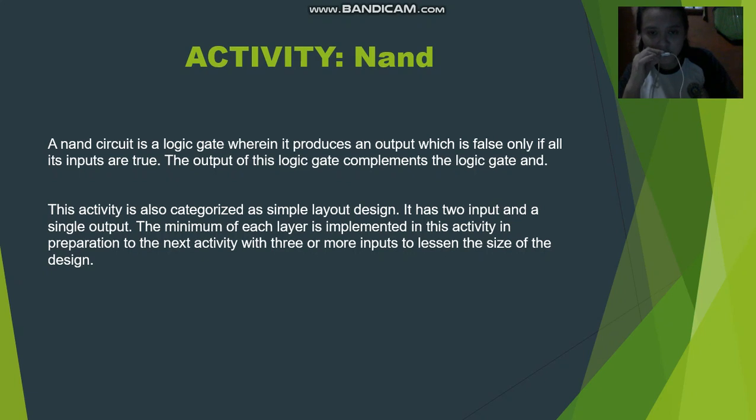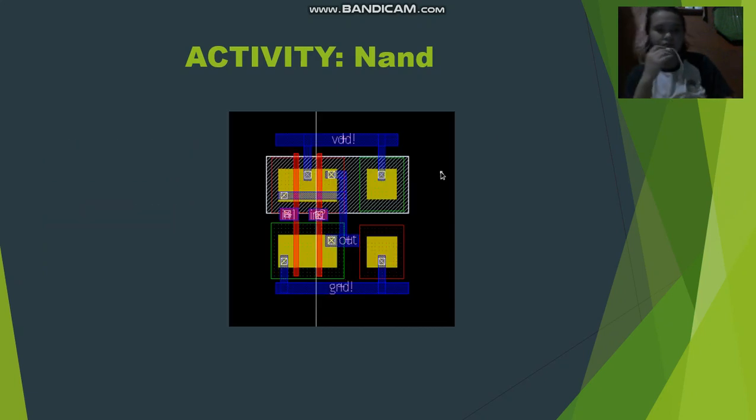It has two inputs and a single output. The minimum of each layer is implemented in this activity in preparation for the next activity with three or more inputs to lessen the size of the design. So here's the layout design done.